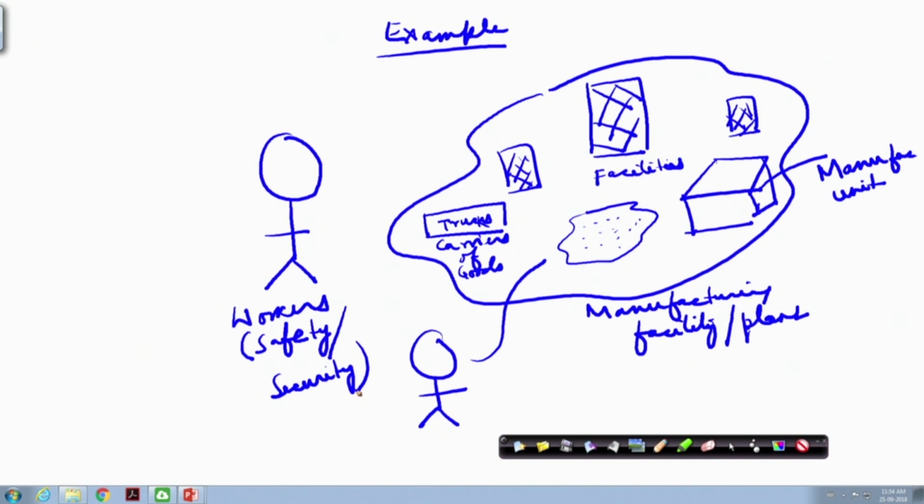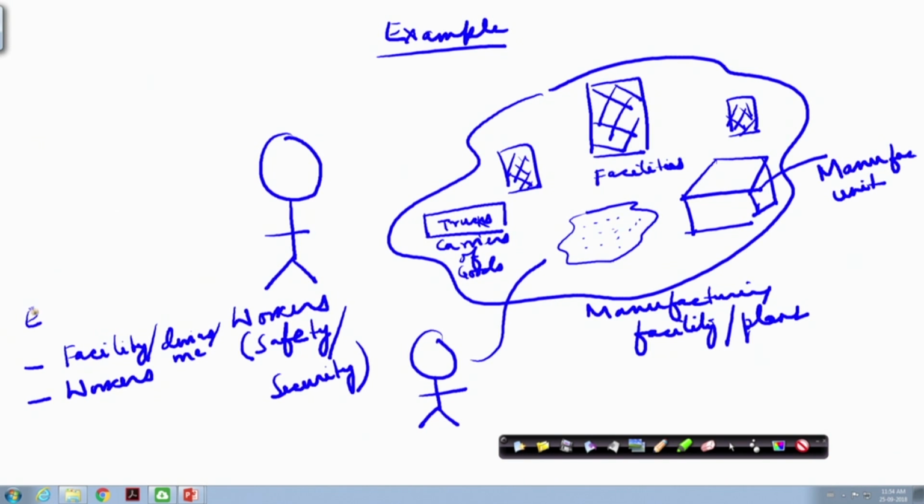So, as I told you at the outset, in a manufacturing facility we are talking broadly about two types of entities. One is the workers and second is the different facilities that are there, the different devices, the machinery and so on and so forth.